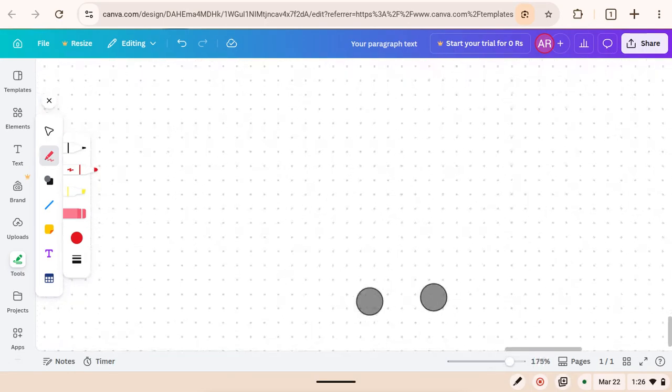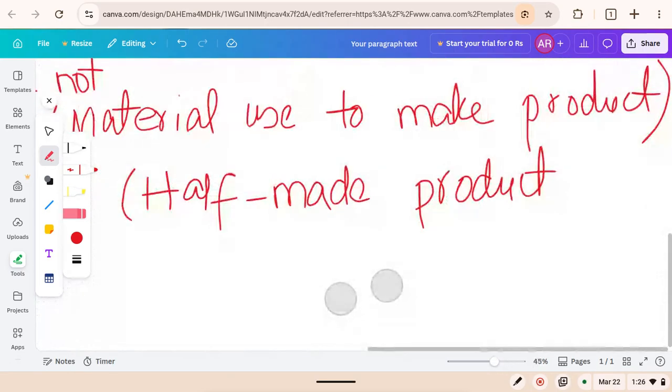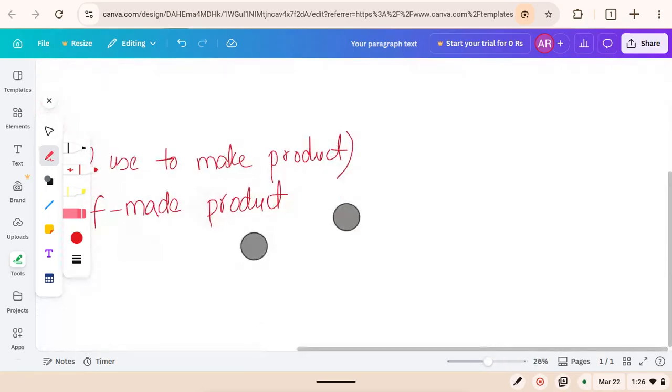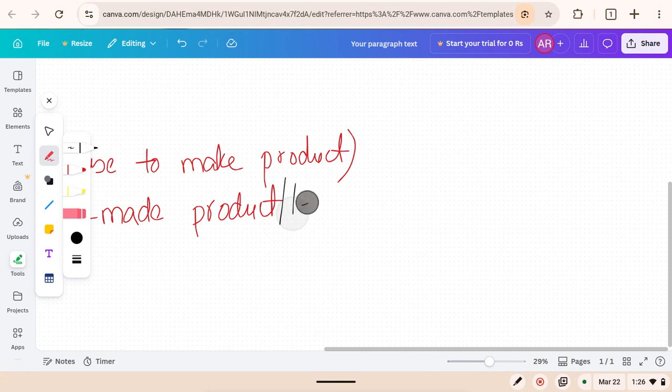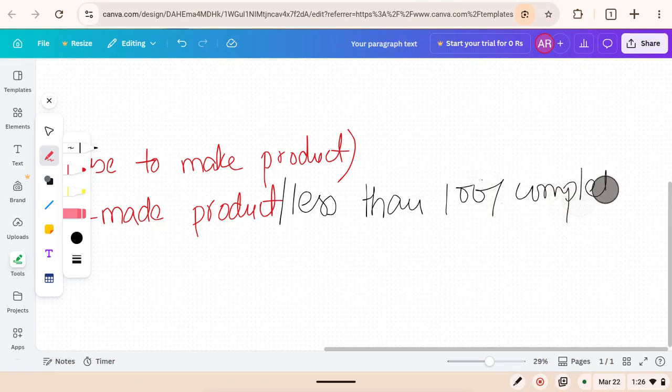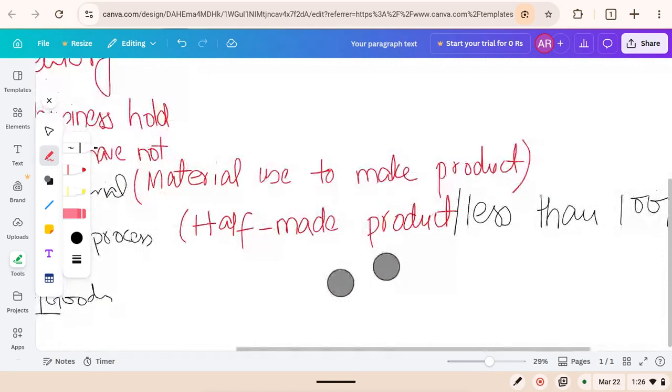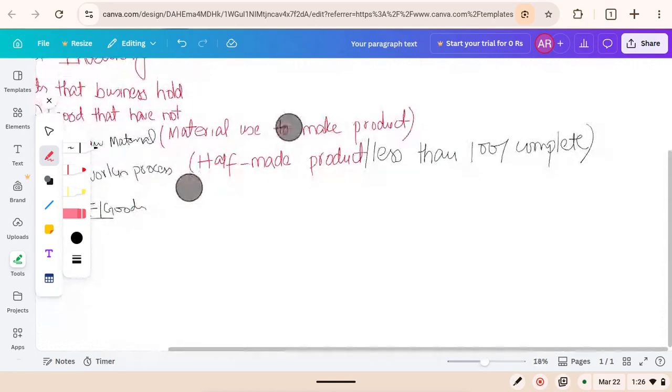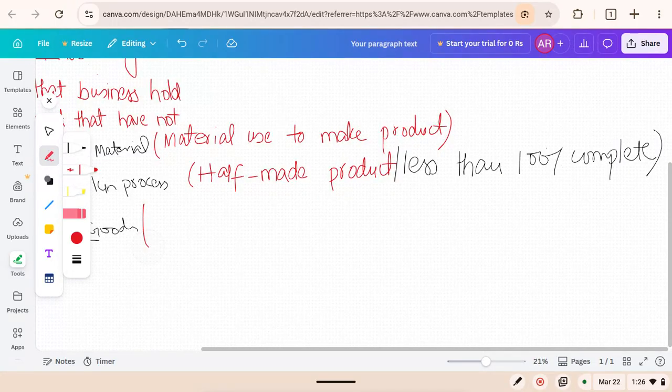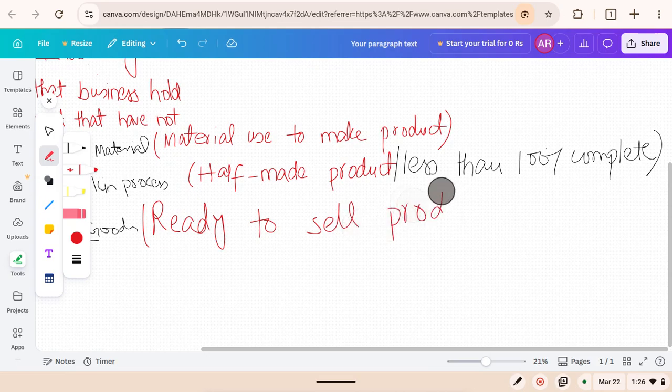You can say less than 100% complete product. Finished goods you can say are ready-to-sell products. This is all about inventory.